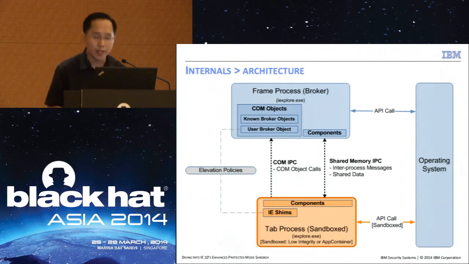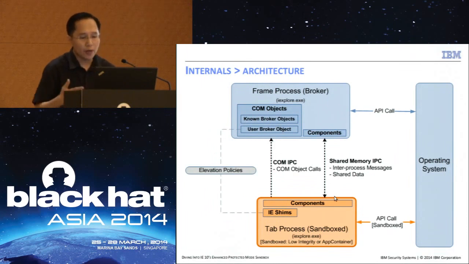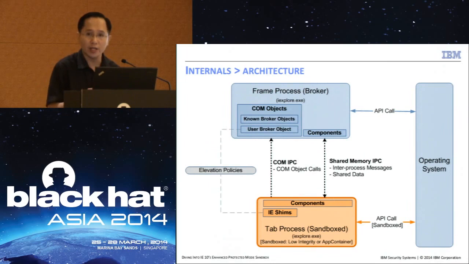For inter-process communication, COM-IPC is used by IE shims and components in the sandbox for invoking the services exposed by COM objects in the broker. Additionally, the shared memory IPC is used by the components in the sandbox and components in the broker for inter-process messages and for sharing data.